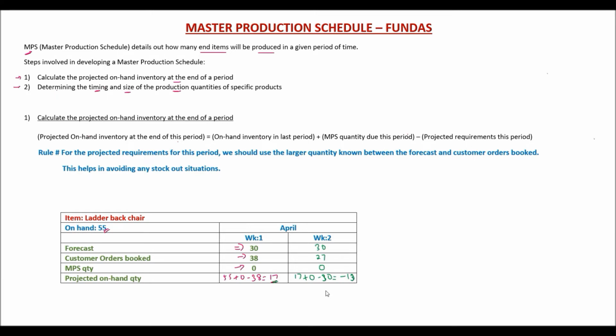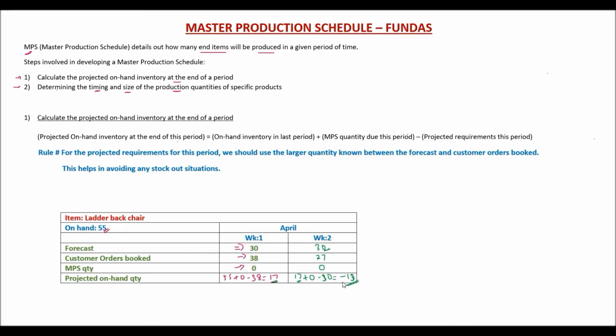So as you can see, the demand is higher than the supply and there is no MPS quantity which is coming to rescue us. So this means that we will not be able to cater to the entire demand. We will have an opportunity lost of 13 units.